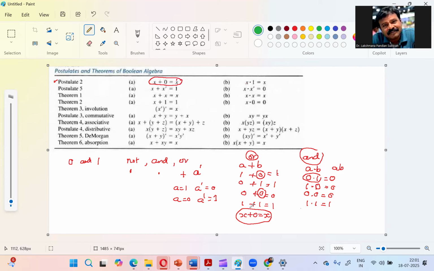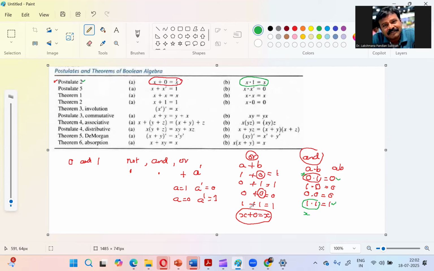x dot 1: if x is 0, then 0 dot 1 is 0, and if x is 1, then 1 dot 1 is 1. So the result depends on x. That is x dot 1 equal to x. This is postulate 2.